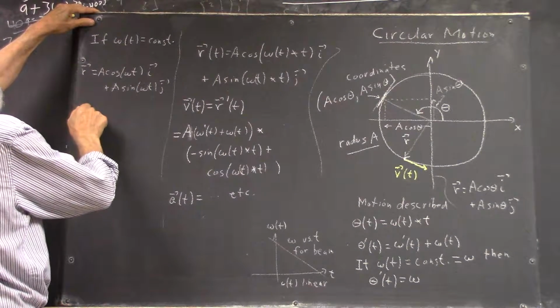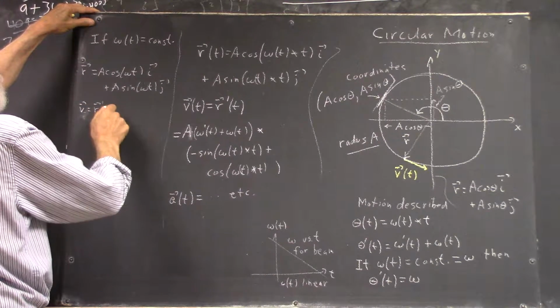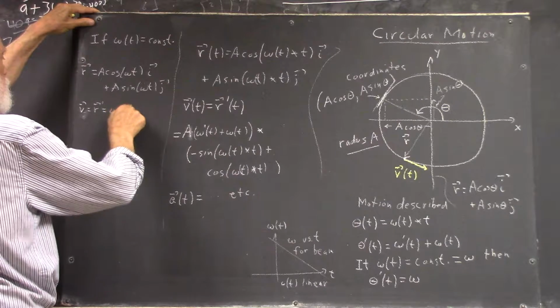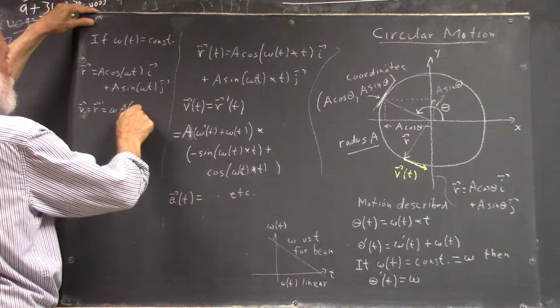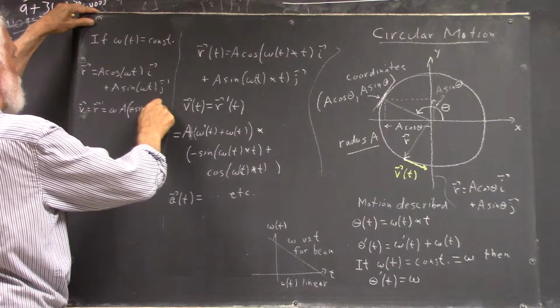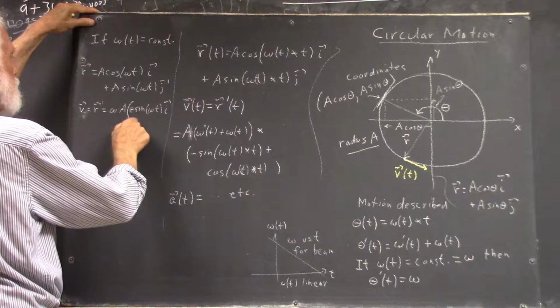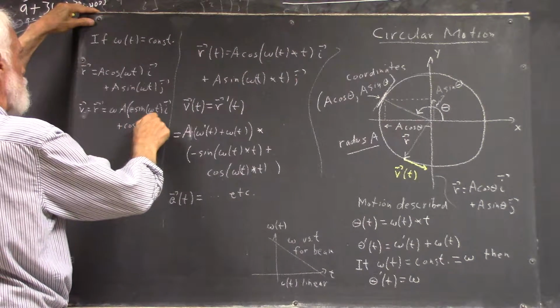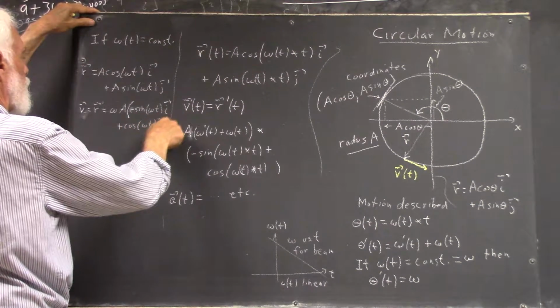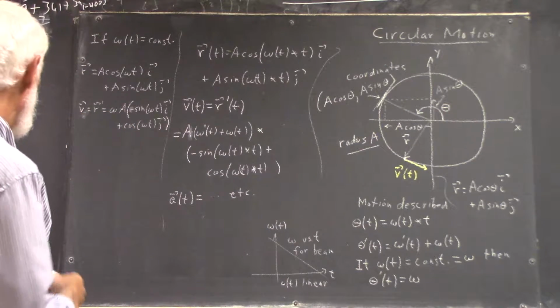Okay, so r prime is just going to be the derivative of that, simple enough.